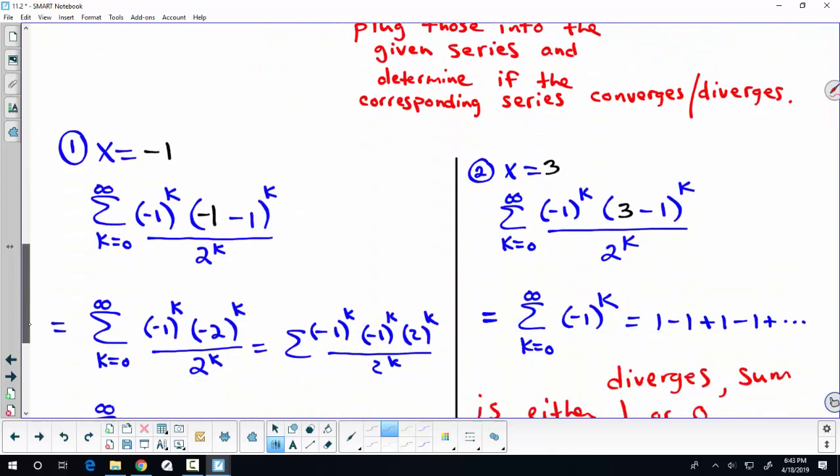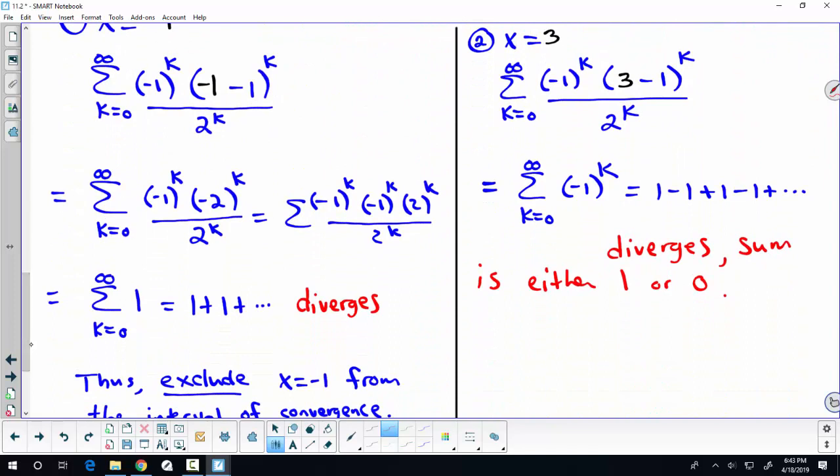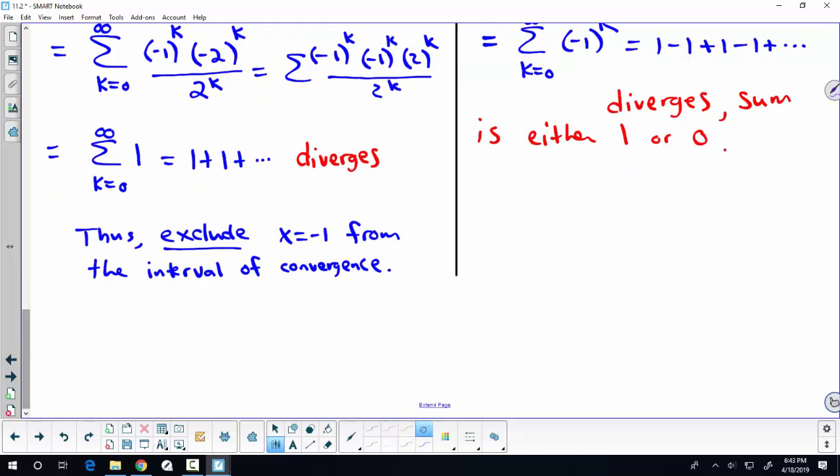But what we've done here with testing both of our endpoints, and both endpoints resulting in a divergent series, notice it's a divergent series, it's not a divergent power series that involves the variable x, right? These are just straight series. They don't have any variables in them. So all these mean is we're going to exclude these values from our endpoints. We're excluding 3 from the interval of convergence.